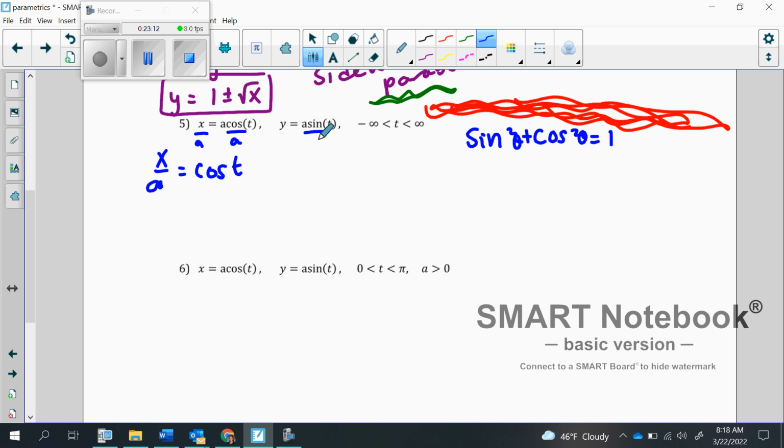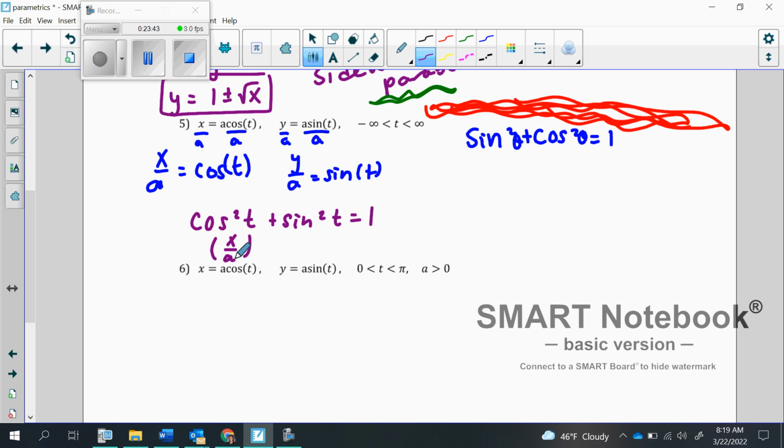If I do the same thing with y, I get y over a equals sine of t. And we said that the variable itself, when we do trig identities, didn't really matter. So let's keep that in mind. The identity can be true as long as it's squared. So cosine squared t plus sine squared t is equal to 1. Well, cosine of t is equal to x over a.